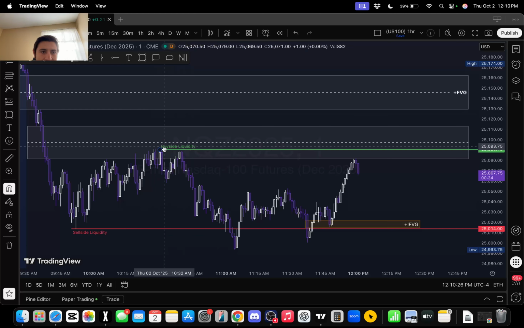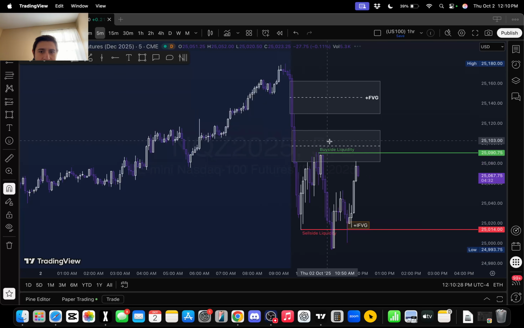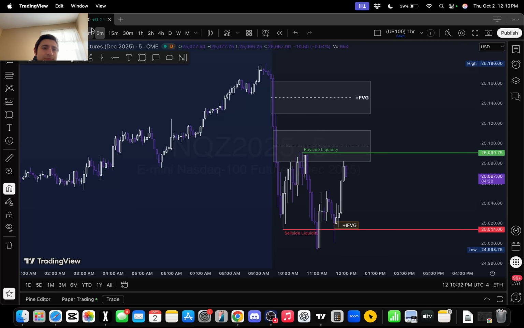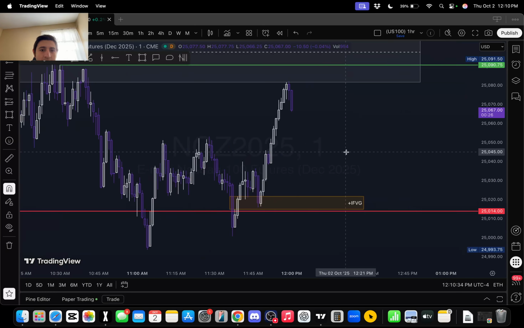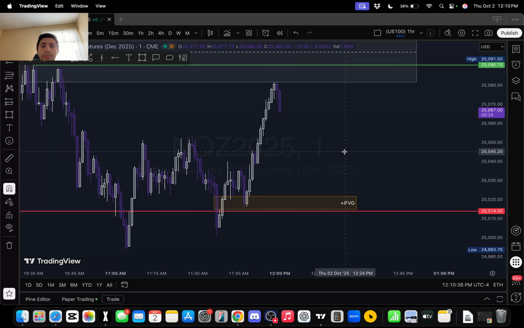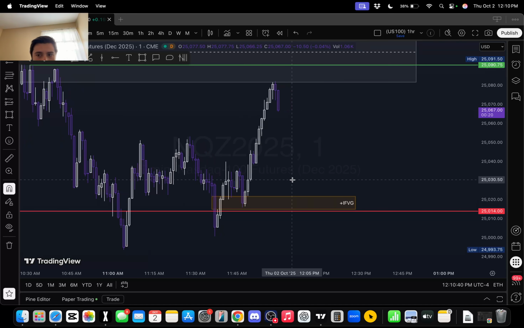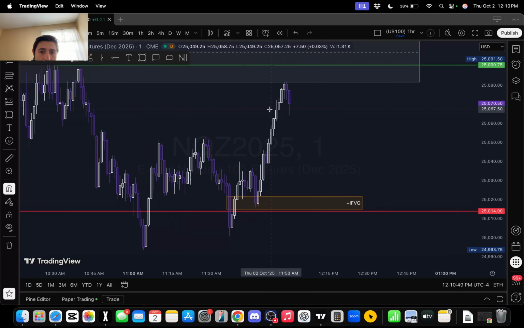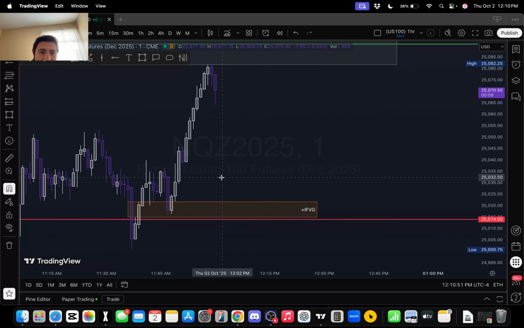Equal highs relative, which is also that 5 minute fair value gap. See how it lines up? That's if they want to run it there or not. Think about fair value gaps in a way that helps you deliver to whatever most recent swing liquidity pool you were looking for.